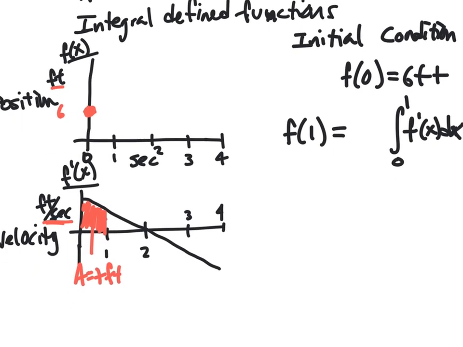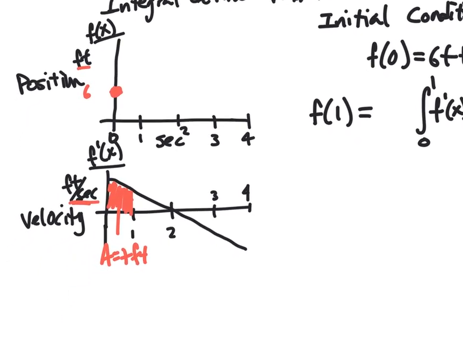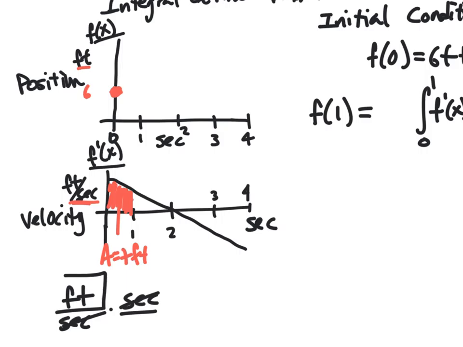The way that I get feet out of that is, if I find the area under the curve, I have to think about the axes, multiplying this axis by this axis, and this is seconds as well. If I take feet per second and multiply it by seconds, then the seconds divide out and you're just left with feet. But this is an area of 7 feet.